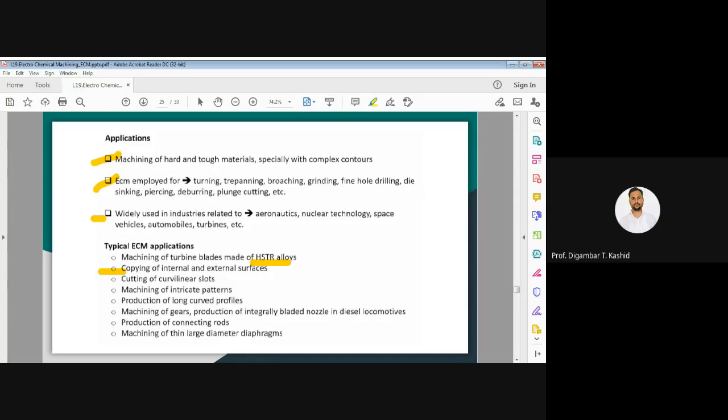Again, production of long curve profiles. Machining of intricate patterns, that means complex contours, you can produce using ECM.